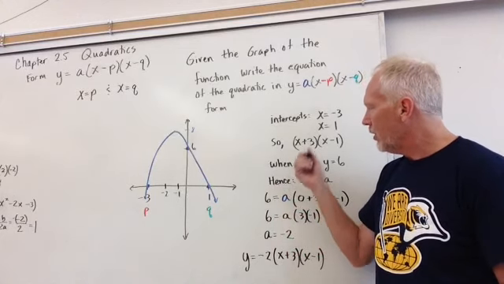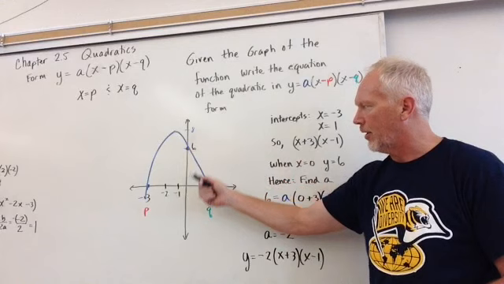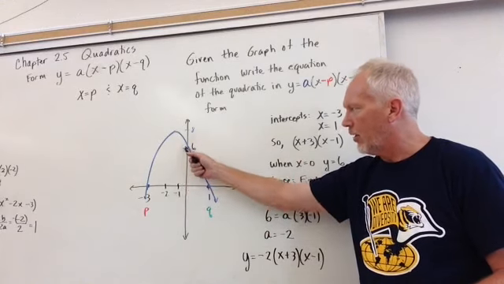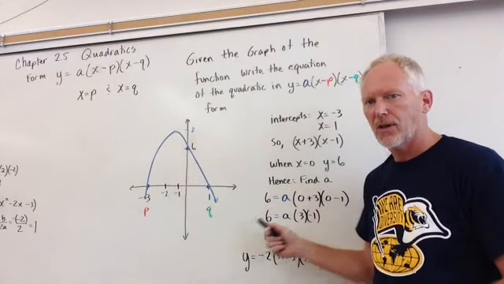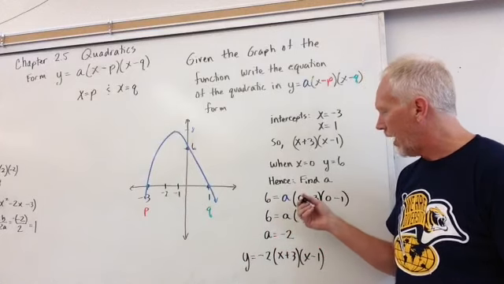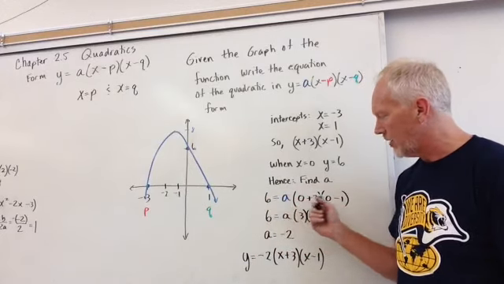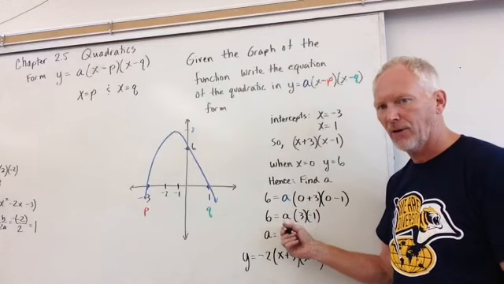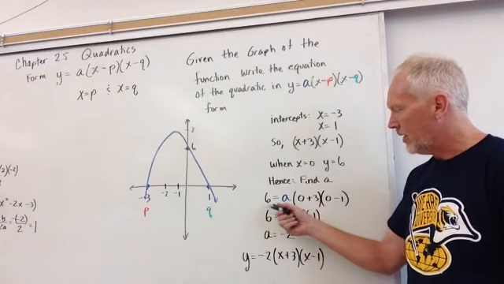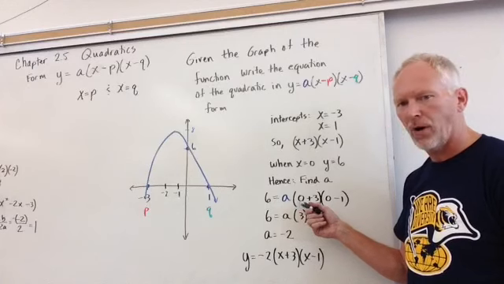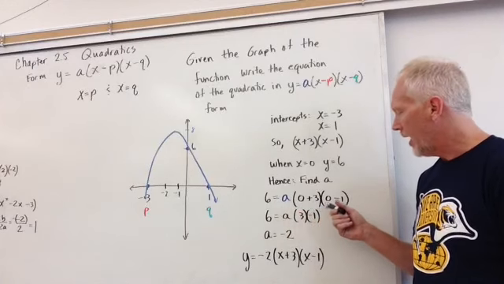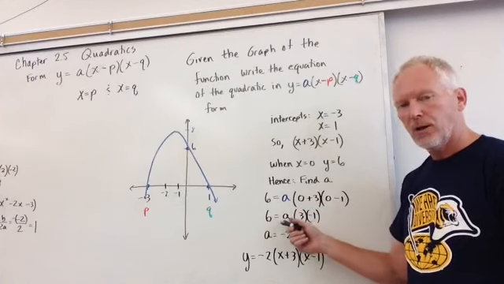If we know that at x equals 0 the value is 6, then we can set our x's equal to 0 and put y as 6 and simply solve for that a value. So 6 is equal to a times the quantity (0 plus 3) and (0 minus 1).